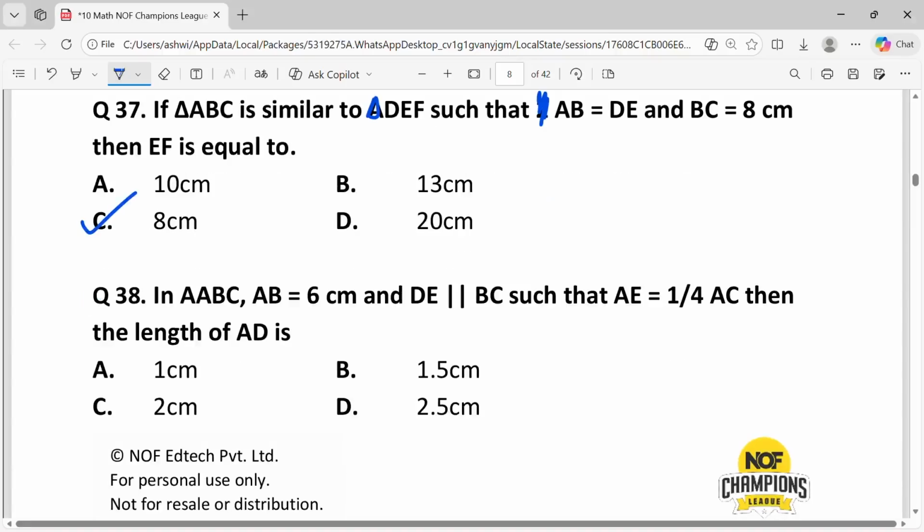Question 38. In triangle ABC, BC is equal to 6 centimeter and DE is parallel to BC such that AE is 1/4 of AC, then the length of AD is.